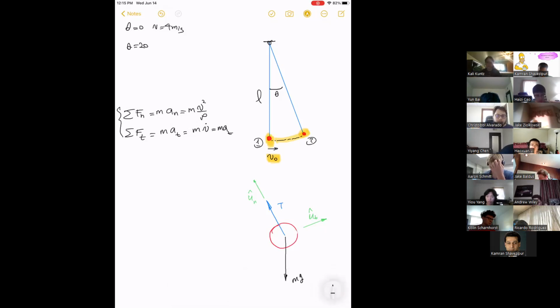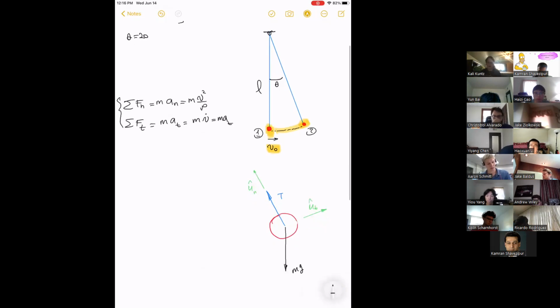These are the two equations. Now, in normal direction, we have two components of force. One is T, and the other one is the normal component of gravity.